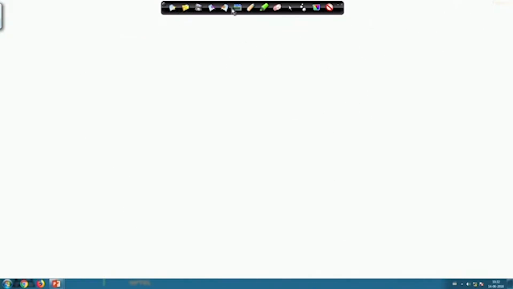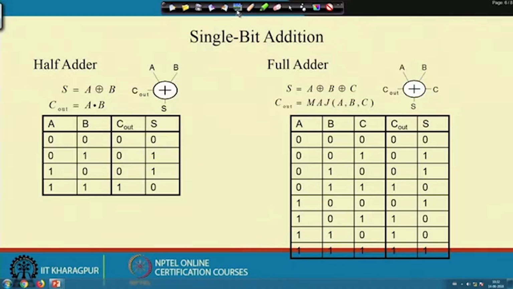Again, coming back to the slide. Here you see for this 1 1 1 I am getting sum as 1. That means 1 plus 1 is 1 0, and along with this 1 0, if I want to add 1, the sum will be 1 and the rest will be 0.